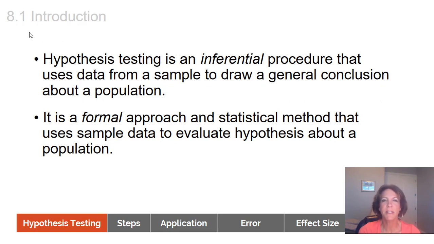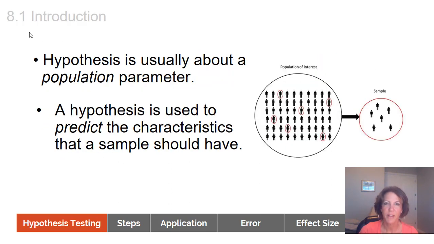So hypothesis testing is an inferential procedure. We're going to use data from a sample to draw a general conclusion about a population. So this is a formal approach, and it's a statistical method that uses sample data to evaluate a hypothesis we have about a population. So hypotheses are usually about a population parameter.